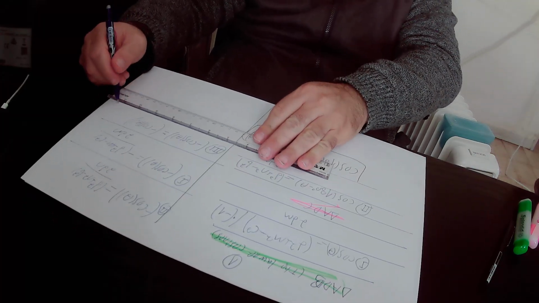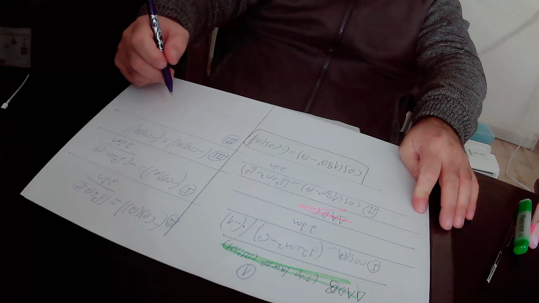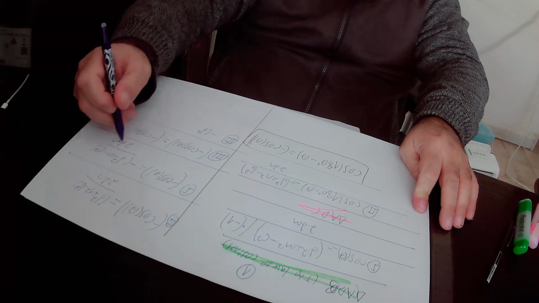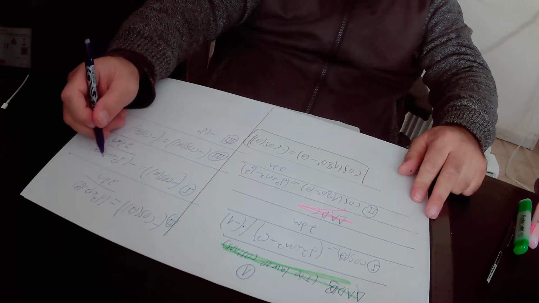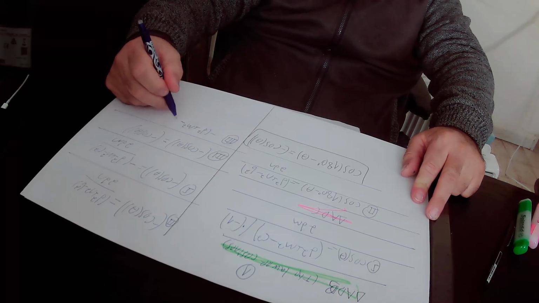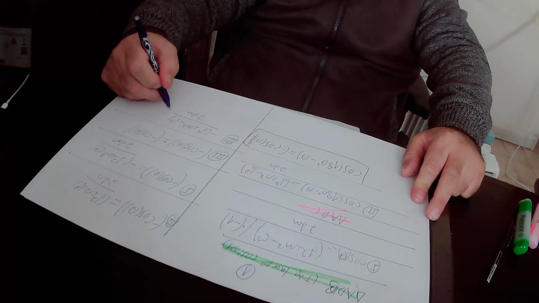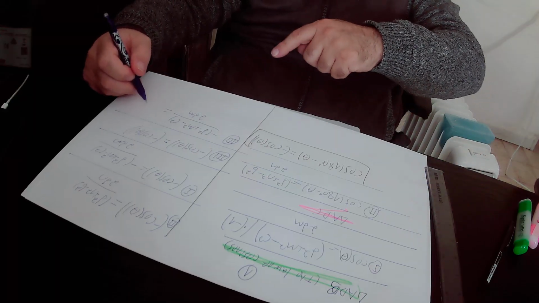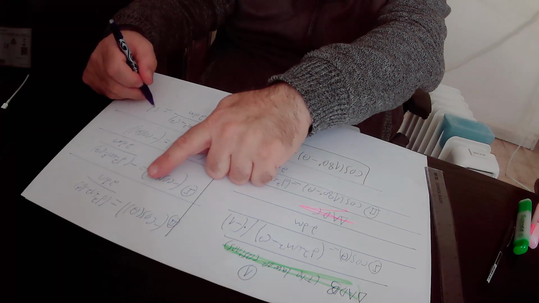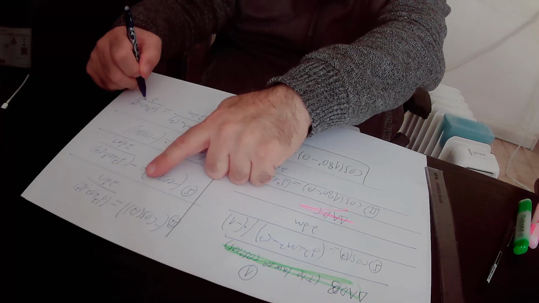That is to say, minus cosine theta according to equation number 1 equals minus d squared plus m squared minus c squared over 2 times d times m, and it must be equal to minus cosine theta according to equation number 2, which equals d squared plus n squared minus b squared over 2 times d times n.